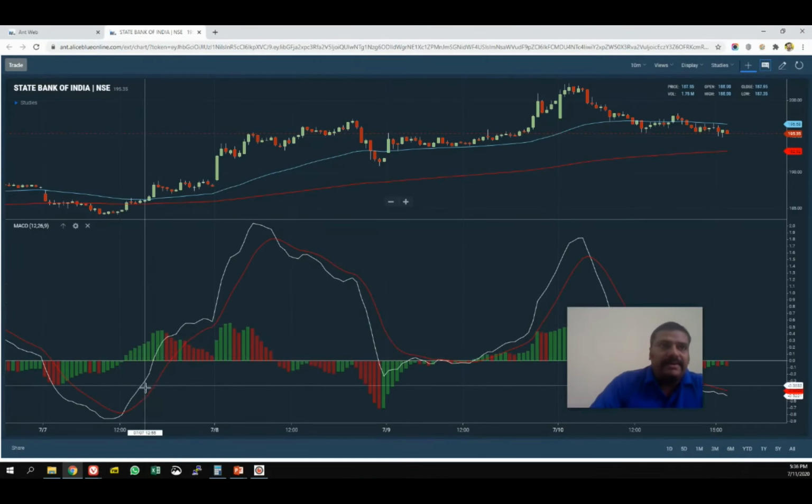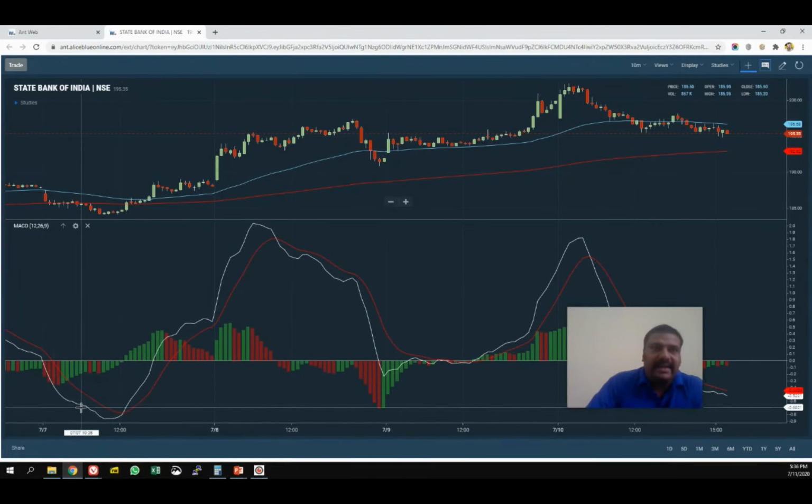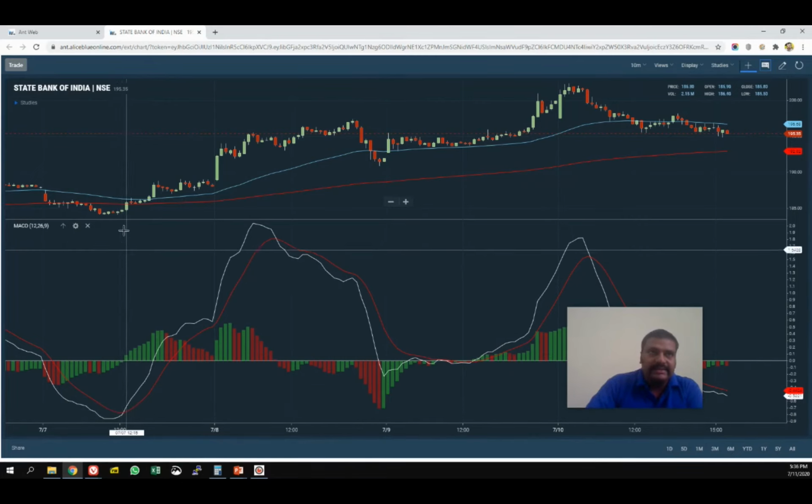Okay, now here, the signal line is crossed by the MACD line upwards. So here there is an entry for buy. If you're entering here, the price is around 185. You see how far it goes.